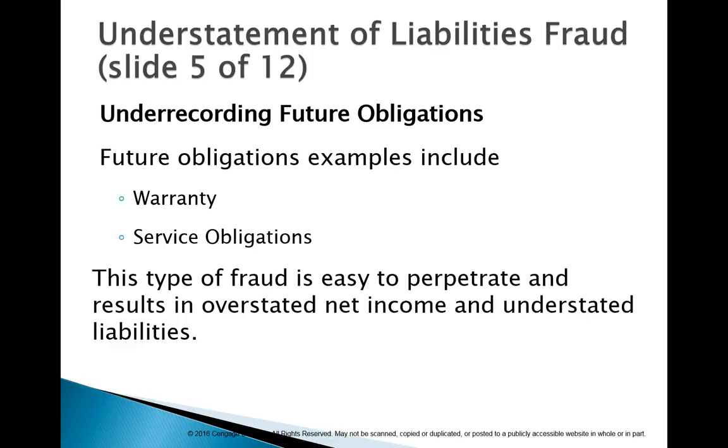It's the same thing that happens with bad debt expense. If we don't record enough bad debt expense and put it in the allowance for doubtful accounts, then we've overstated our accounts receivable and understated our bad debt expense. So anytime we fail to record a future obligation, then we understate a liability and we understate an expense.